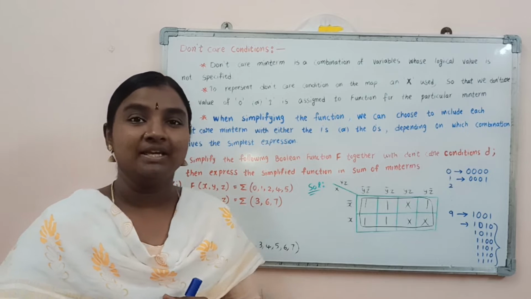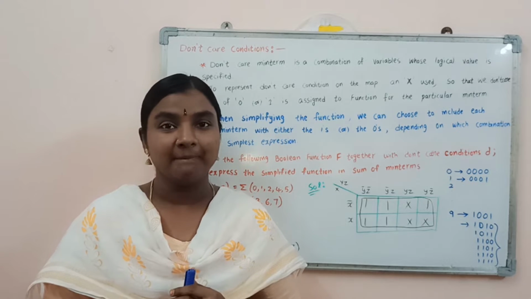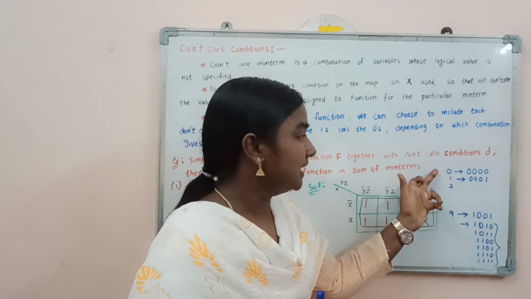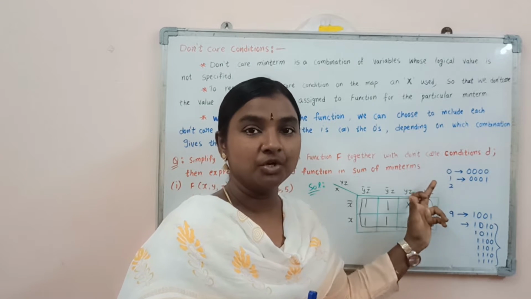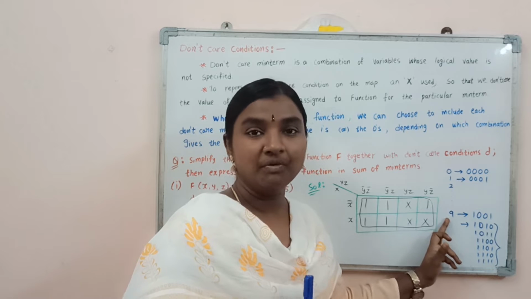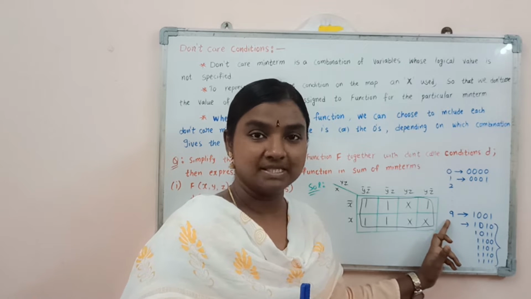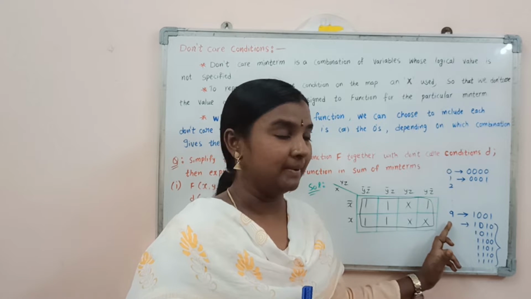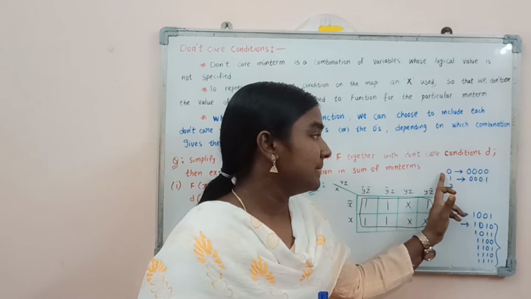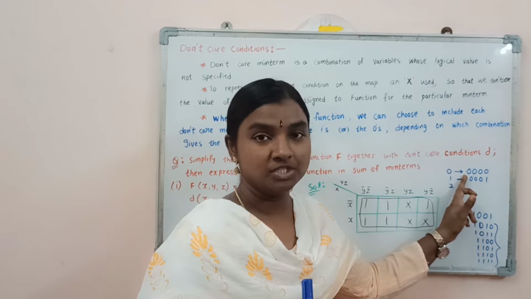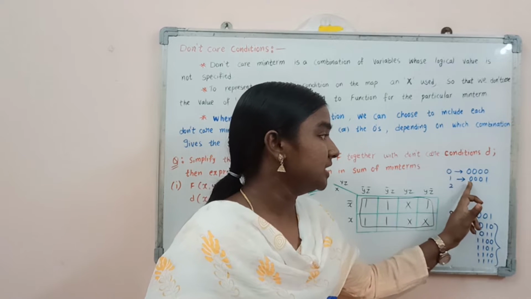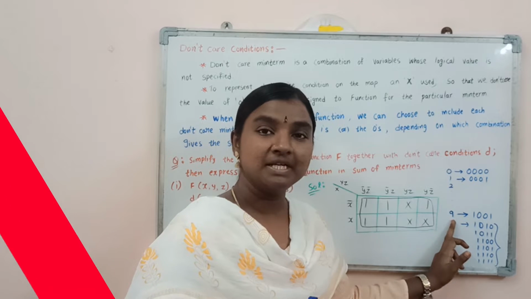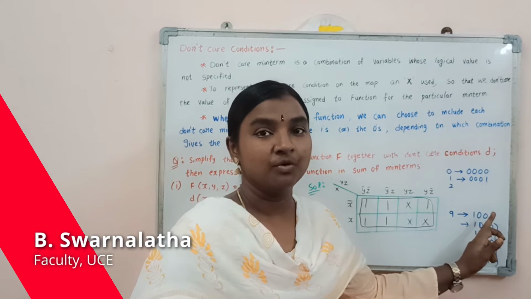For example, if we consider the decimal numbers from 0 to 9 and want to represent them in binary form, we need to use a 4-bit binary number. Like 0 is represented as 4 zeros, 1 is 0001. Likewise, 9 is represented as 1001.